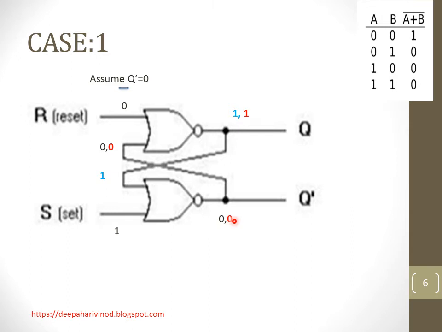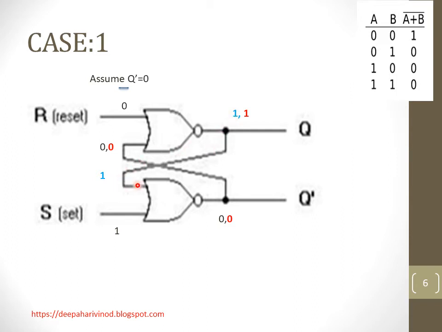Hope you understood. You want me to repeat? See, S is 1, reset is 1, and assumed Q bar as 0. This is the assumed Q bar, so that is connected to this point. Initially it is 0. So this 0 and this 0, it will be 1. And previously it was 0, and the complementary form will be here, isn't it?